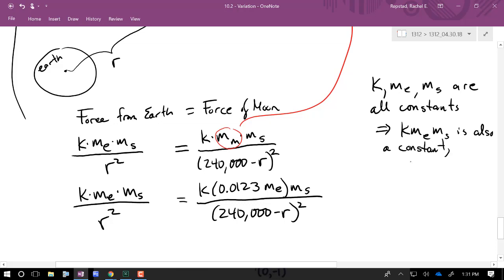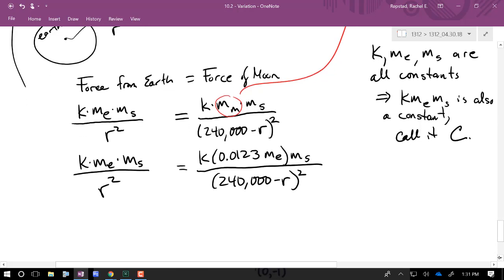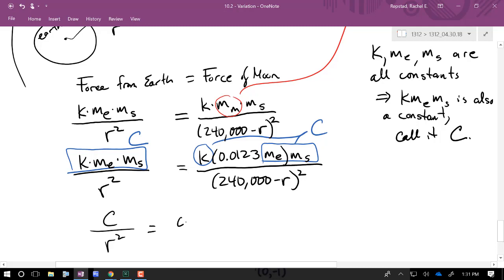Let's call that constant C. So now this product, I'm going to call that C, and this product here, I'm going to call that C. So now we have C over r squared is equal to 0.0123 times C over (240,000 minus r) squared.